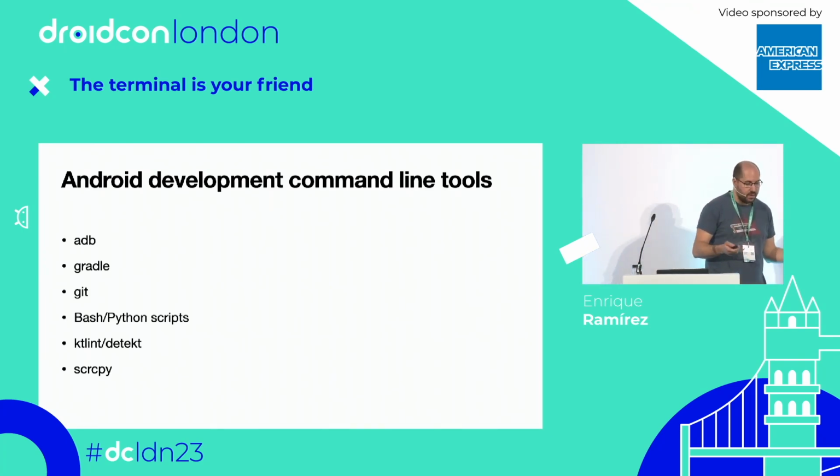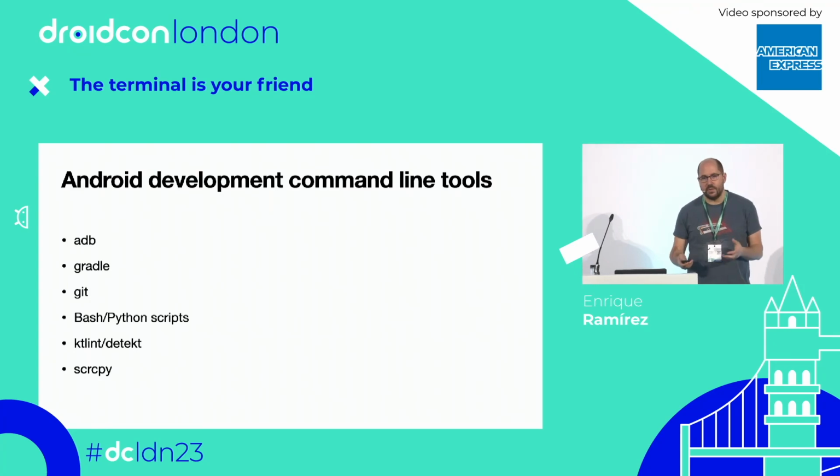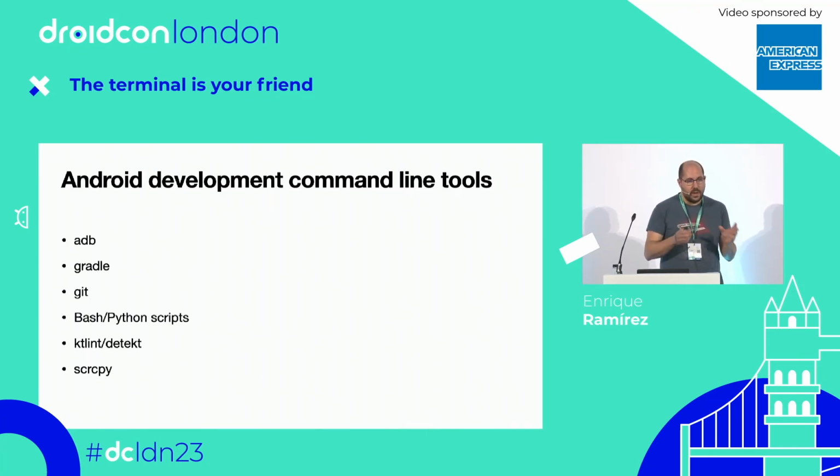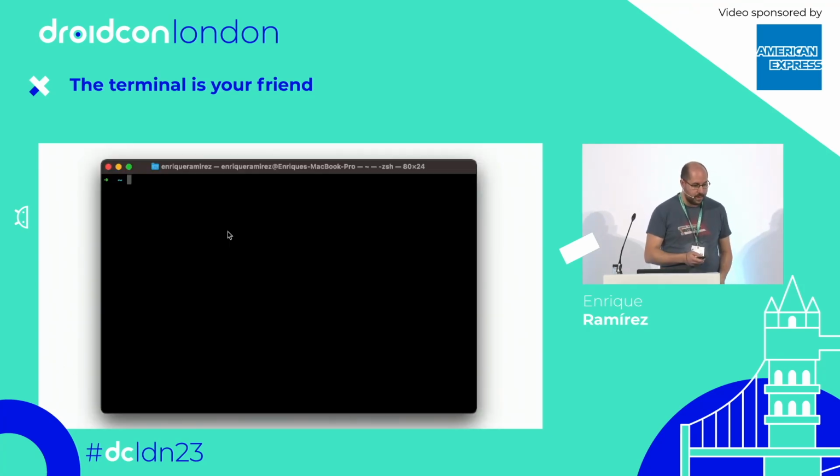And then there are other tools like scrcpy. If you don't know scrcpy, it allows you to mirror a device or an emulator in another window over ADB.